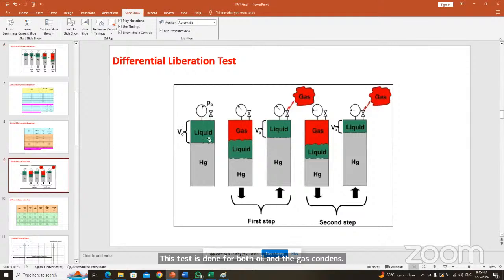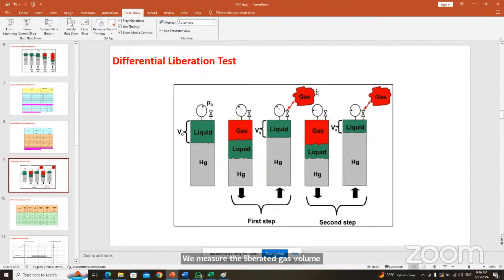In the differential test, we start at the bubble point. Then we decrease the pressure. Some gas is liberated. We remove this liberated gas from the cell, so we have only liquid at that step. We measure the liberated gas volume.